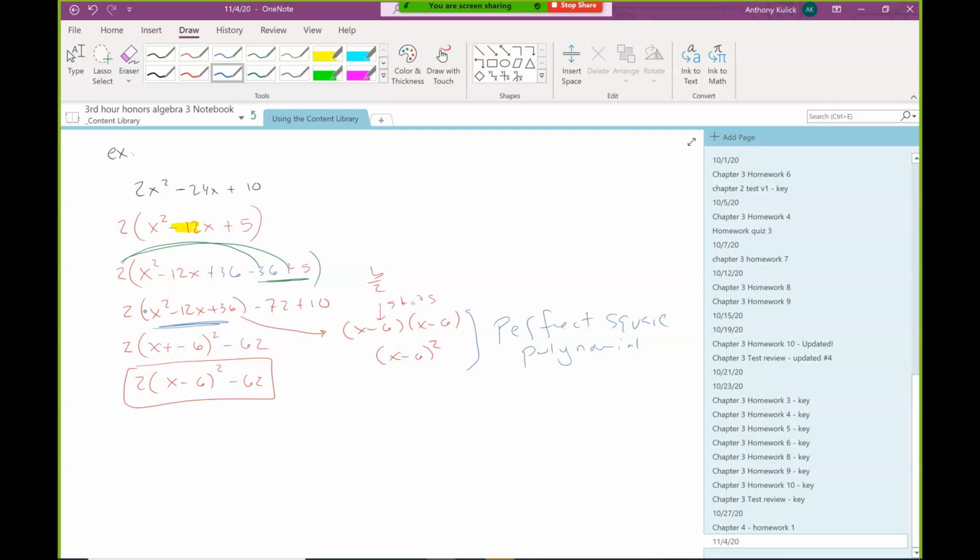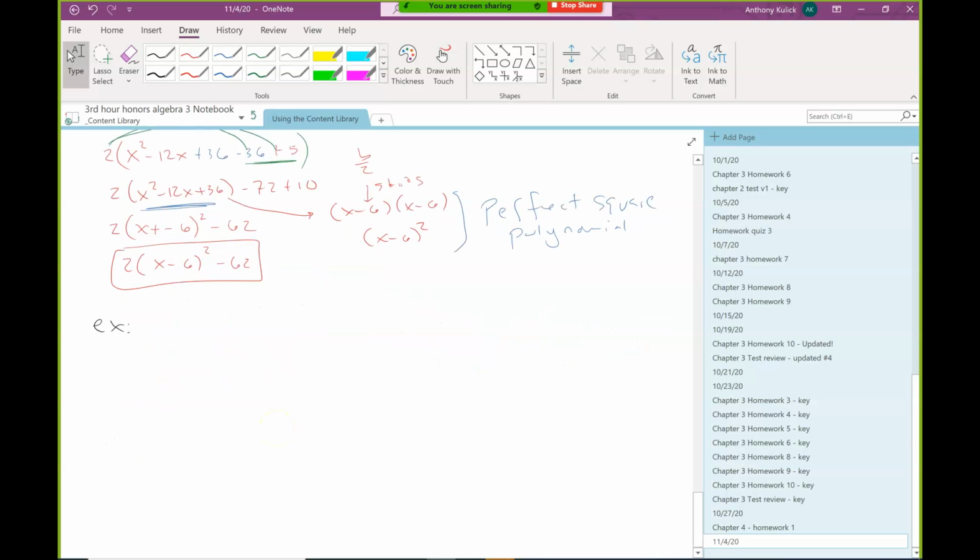All right. I promised you it was going to get ugly, could possibly get ugly. Let's look at that. Okay? Worst case scenario. And it's really no harder than the previous one.